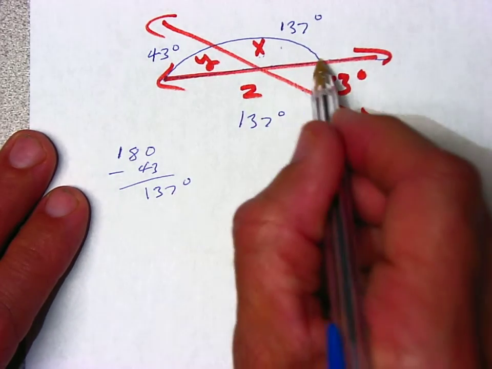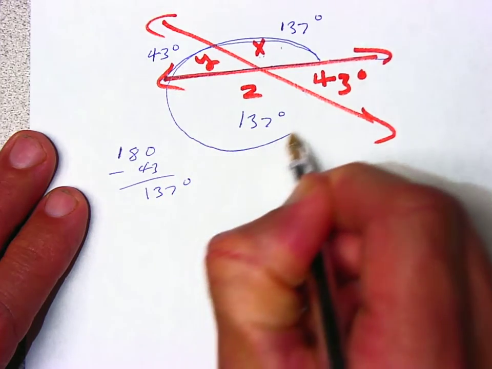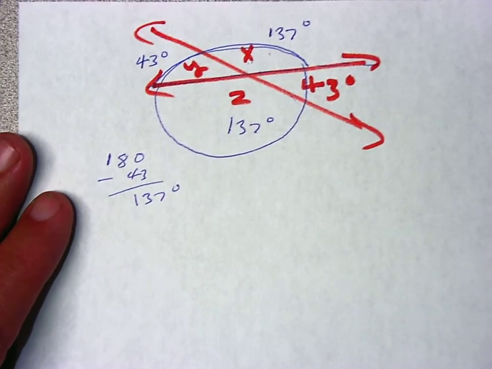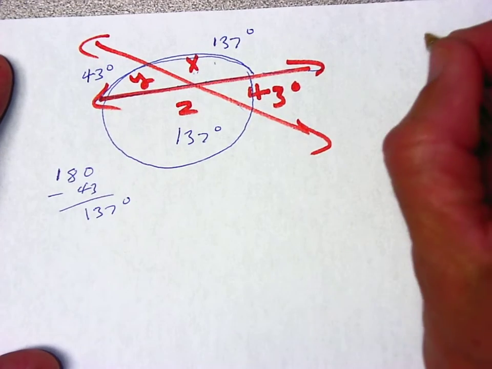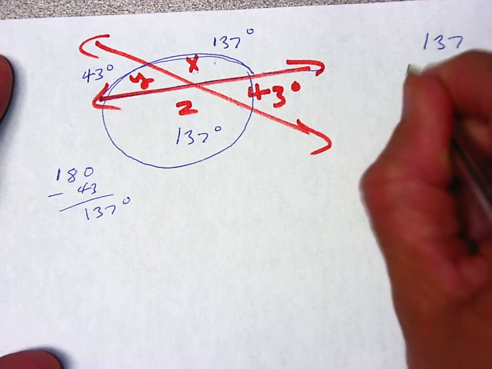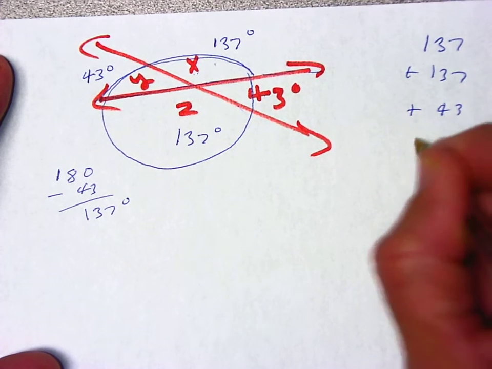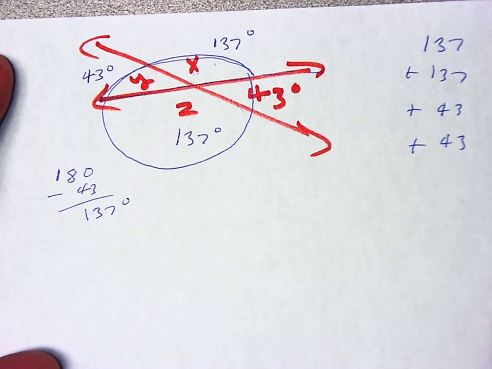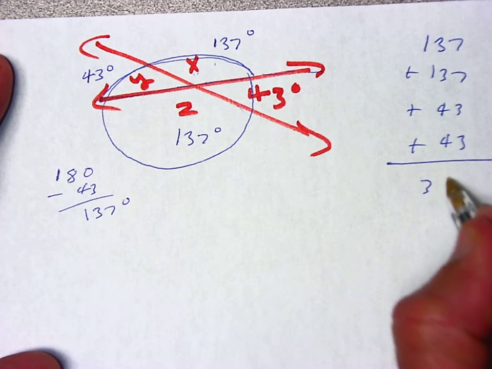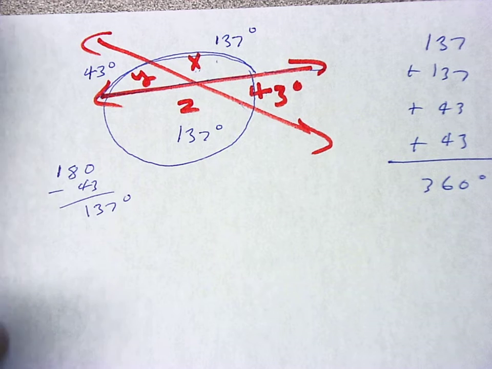If you travel all the way around this drawing, you're going to make a circle. So why am I saying that? Look, 137 plus 137 plus 43 plus 43 travels full circle, so that's going to be 360. Wait, you don't believe me?